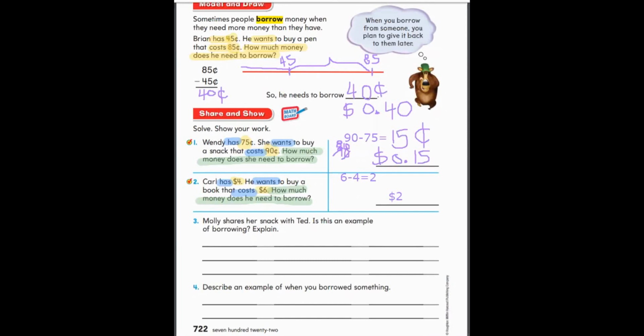Okay, so let's see. Molly shares her snack. She's sharing her snack. So she is not borrowing. Is this an example of borrowing? No, this is not an example. Because when we are borrowing, you have to give back the money, or in this case, the food, so you have to pay back.